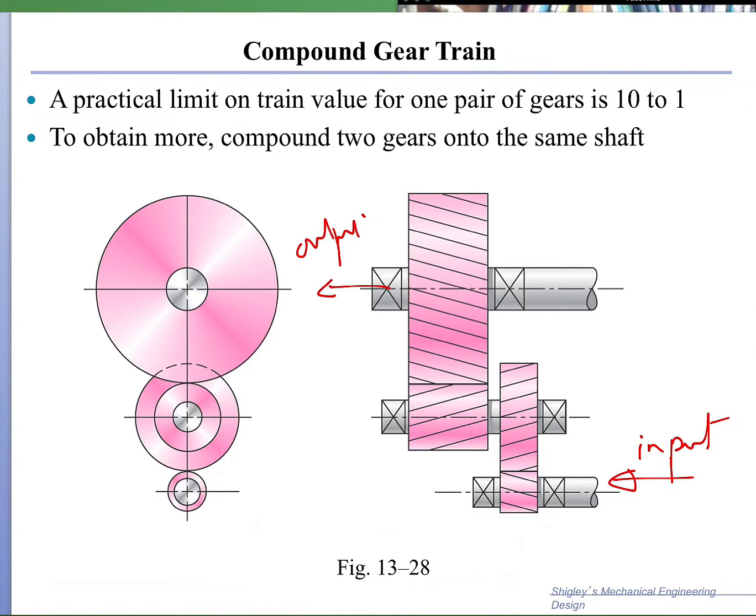If the input is going this way, then this will go the opposite direction, and then this will go back to the same direction. The reason is that we have one stage and then a second stage, so this is 1, 2. The number of stages is even, and therefore the direction of rotation remains the same as the input.